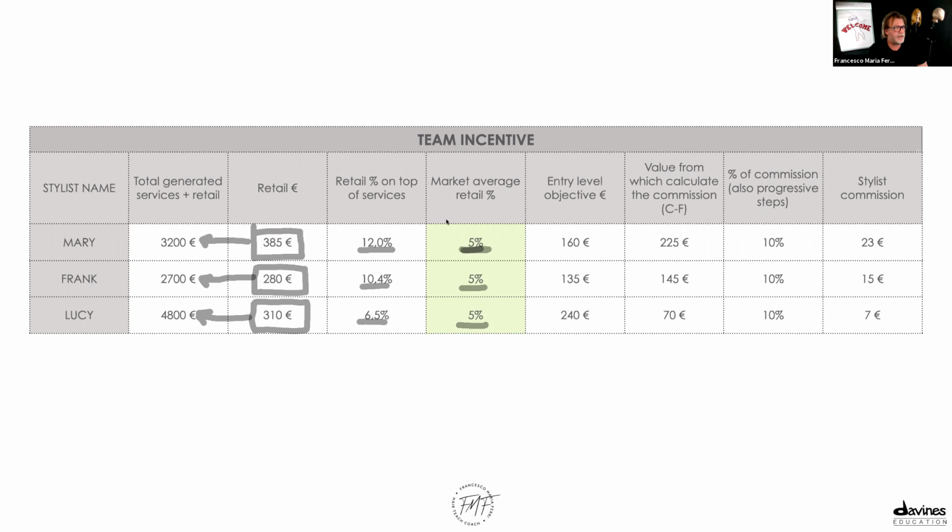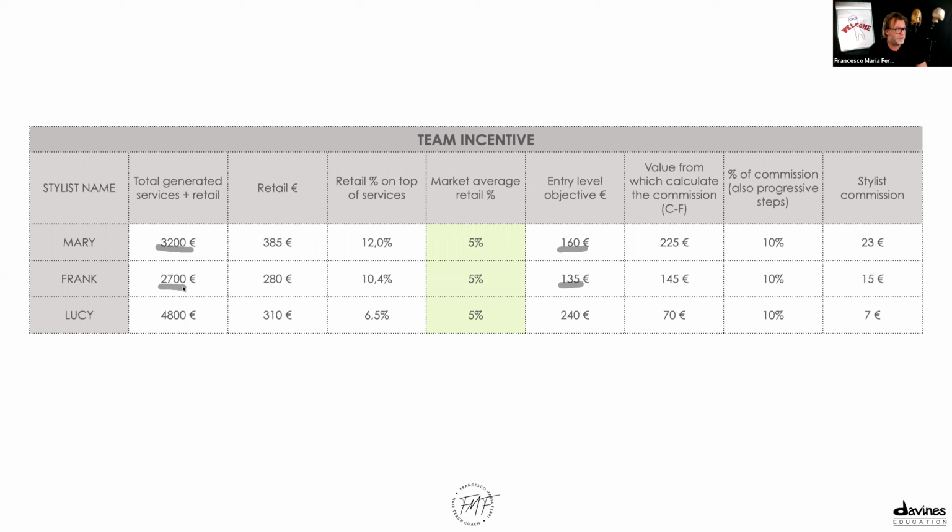Now, basically the 5% on the total 3,200 would be 160 euro, 135 euro, and 240 euro. Good. So these guys made something more than that, because that is what they made, right?